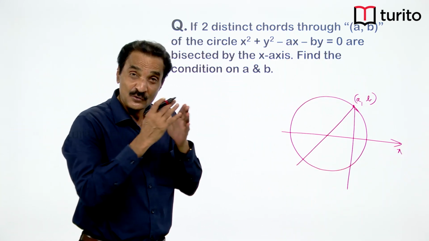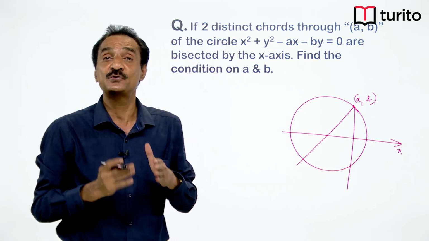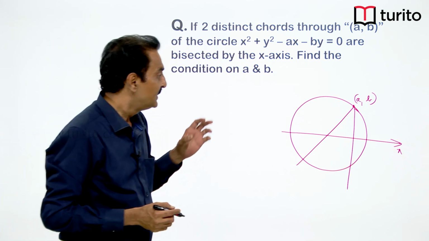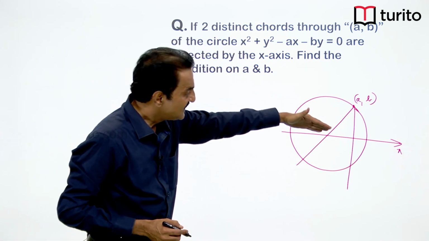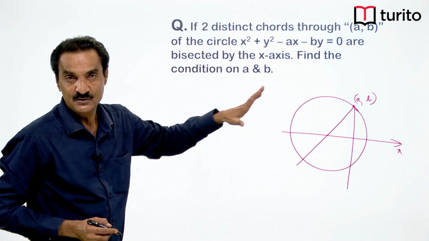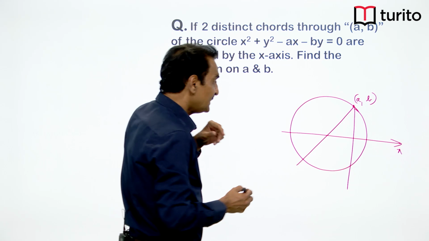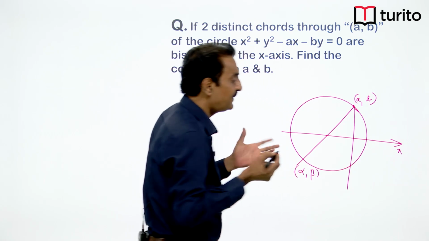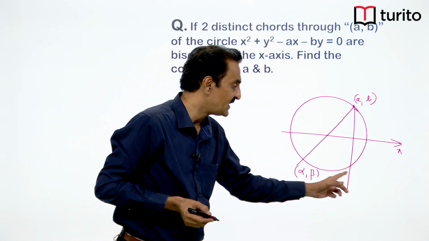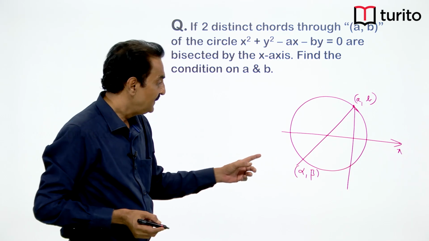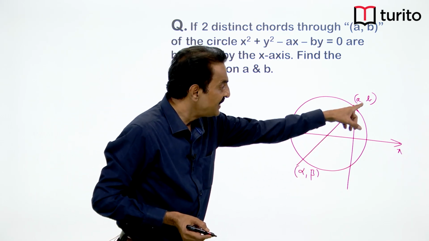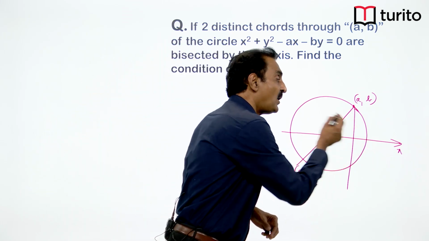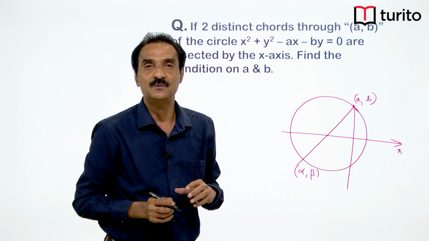Then, if two such chords exist, what is the condition on A and B? Now, the x axis bisects two distinct chords passing through A comma B. If the other end of the chord is alpha comma beta, either this end point or this end point, the midpoint should lie on the x axis, is it not? We know that any point on the x axis will have y coordinate 0.